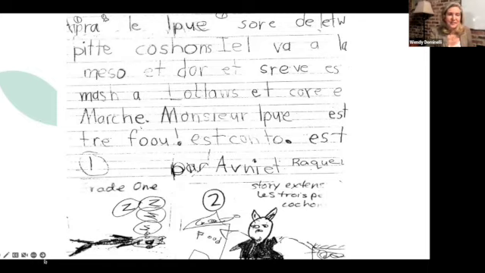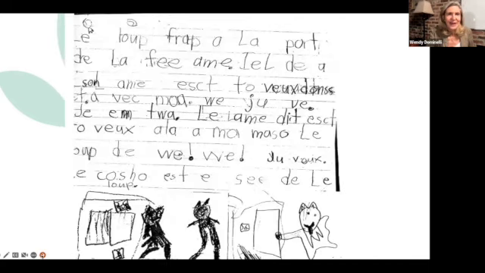Après que le loup sort de Les Trois Petits Cochons, il va à la maison et dort et se réveille et marche et court et marche. Monsieur Loup est très fou et content. Et le loup frappe à la porte de la fille amie. Il dit à son ami, est-ce que tu veux danser avec moi? Oui, je veux, je aime toi. L'ami dit, est-ce que tu veux aller à ma maison?